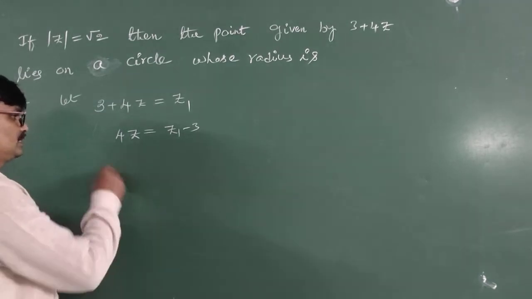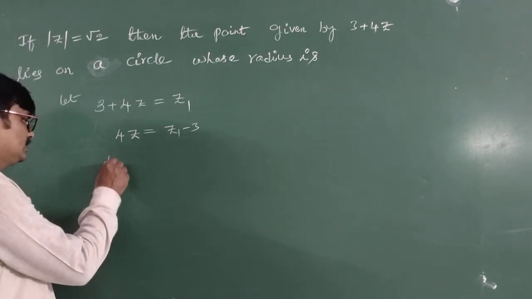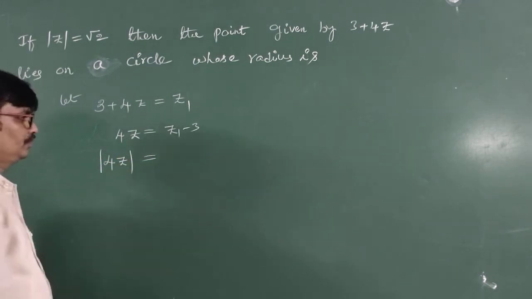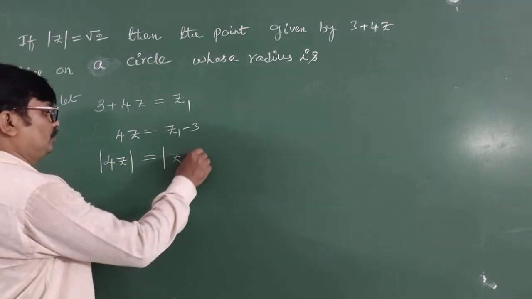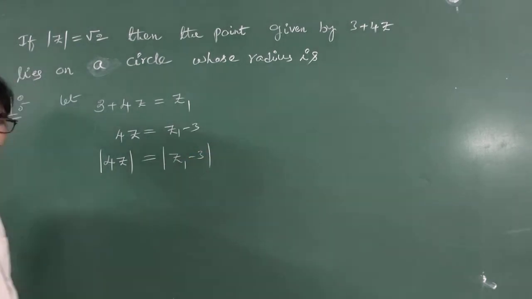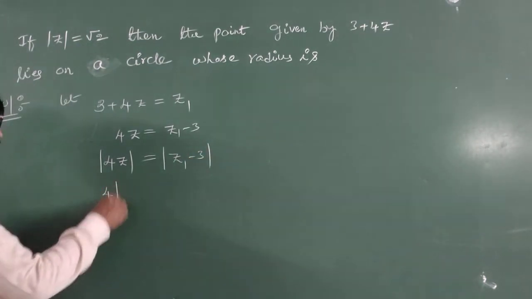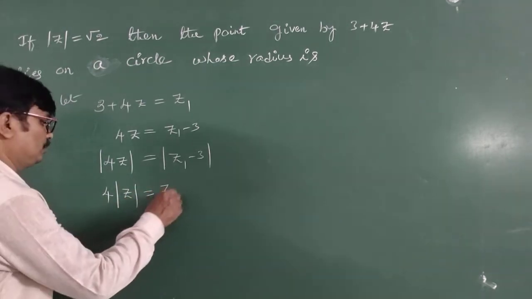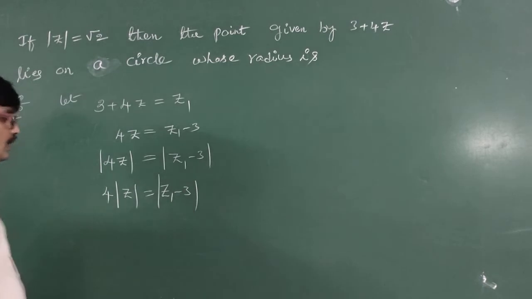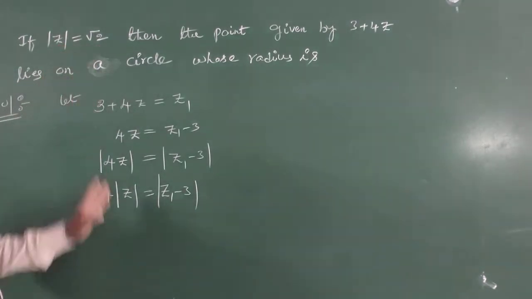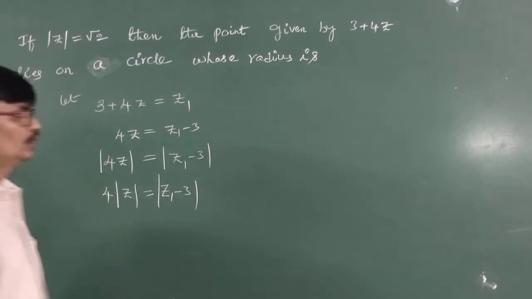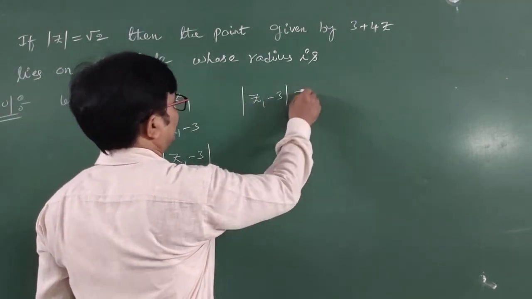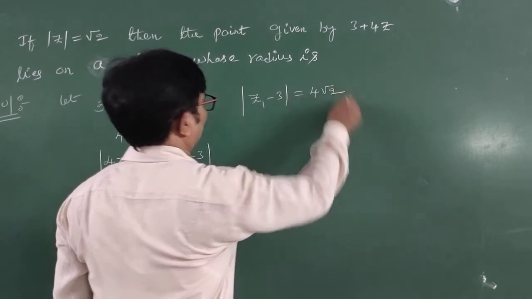Now dear students, on both sides we are taking the modulus: modulus of 4z equals modulus of z1 minus 3. So students, this is 4 into mod z equals modulus of z1 minus 3. Now students, mod z is given as root 2. So modulus of z1 minus 3 equals 4 into root 2, 4 root 2.